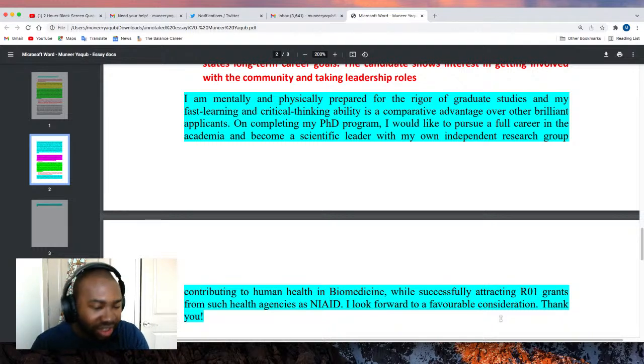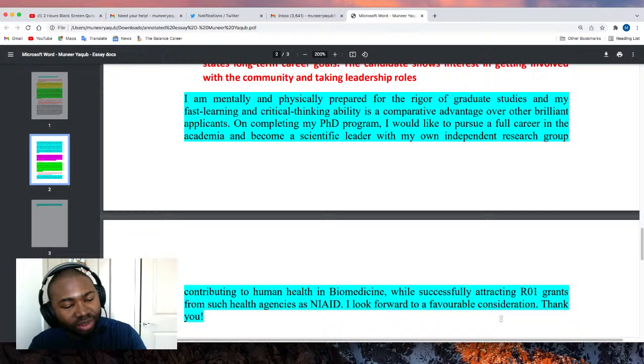So if you're going to be working in the industry, or whatever you say you are going to be doing, you can mention specifically how you hope to achieve that goal, or when you get there, what the things you're going to be doing are. So that was why I added grants: I'm going to be looking for grants, getting grants from agencies. So specificity is very important.